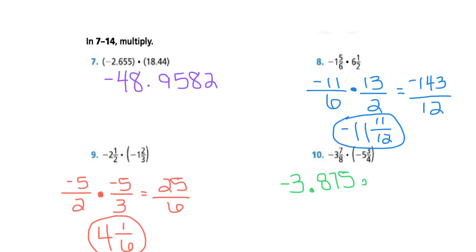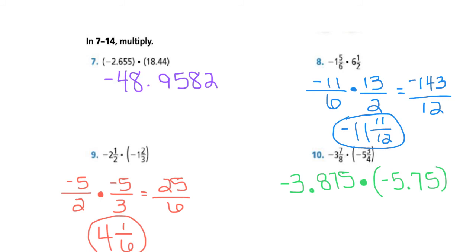And I'm going to multiply that by -5 3/4. -5 is my whole. It goes to the left of my decimal. And 3/4 is equivalent to 0.75.